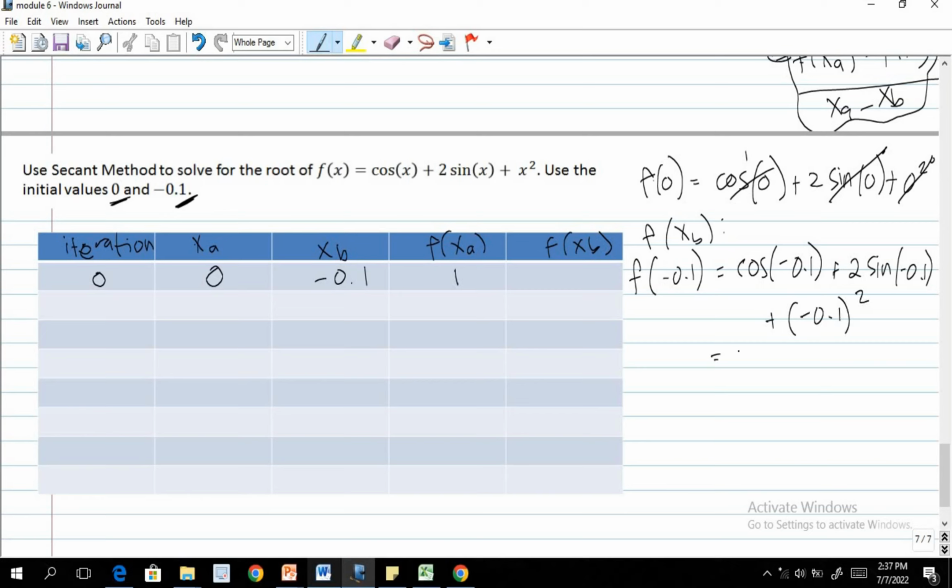Now, ang lumalabas sa calculator, this is equal to 0.80533733. So, ang aking f(xb) ay 0.8053373.